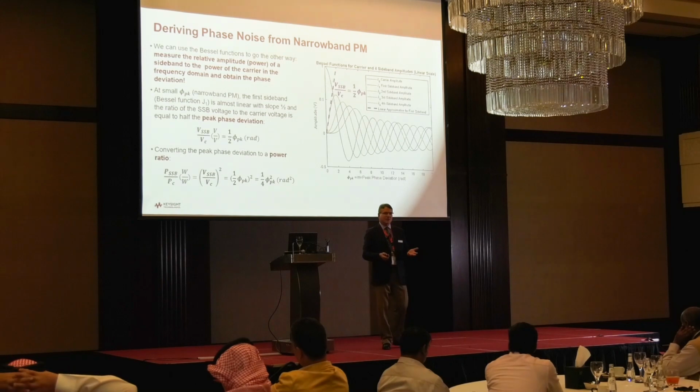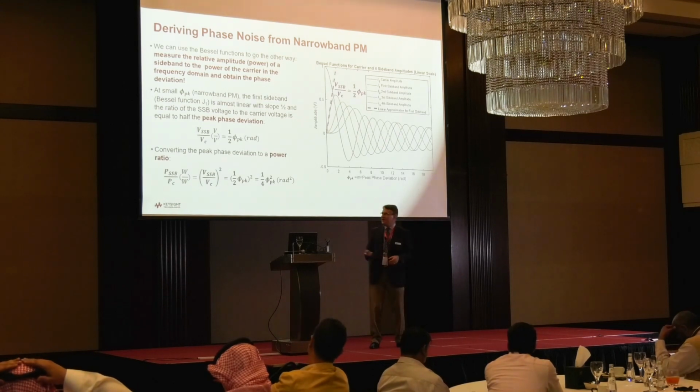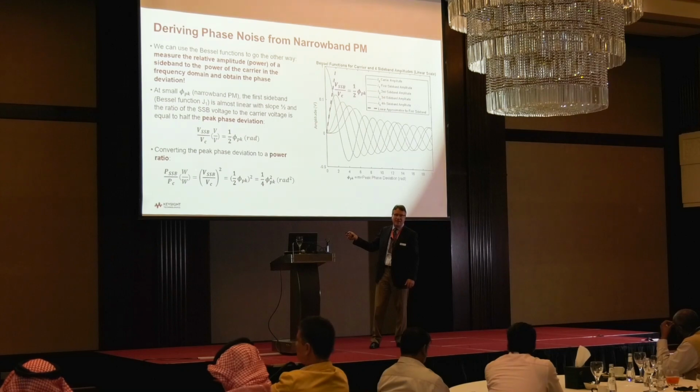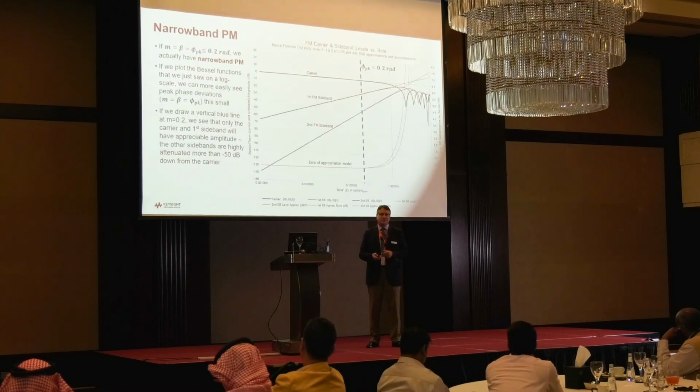And from Ohm's law, you know that power is V squared over R. In this case, we are doing a ratio, so the R term falls out. We end up just having to square the voltage of the sideband relative to the voltage or amplitude of the carrier. And so do that, and it means that the power ratio now of the sideband to my carrier is 1/4 of the square of the peak phase deviation expressed in radians.